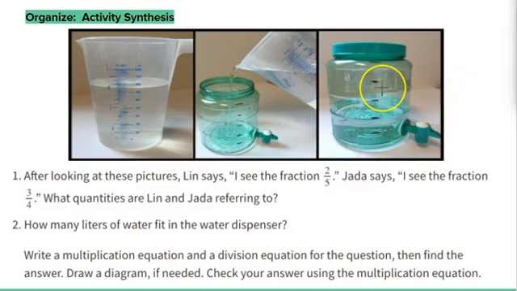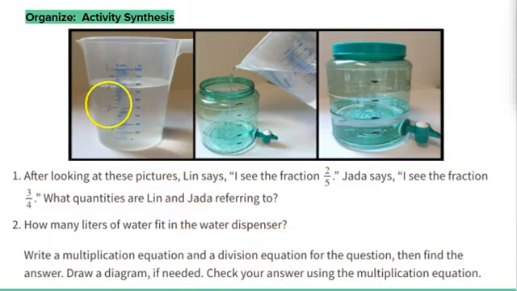So here we're talking about 2/5 of this container. We're not sure how many liters are in the dispenser right now, but the 3/4, it is 3/4 of a liter, because you can see that we've got our liter numbers here on the side, our milliliters. So it's 3/4 of a liter. So how many liters fit into the water dispenser?